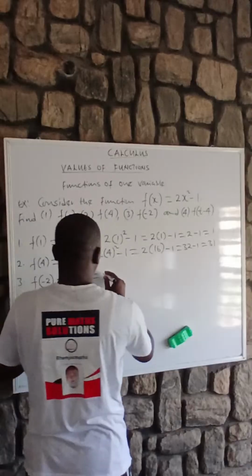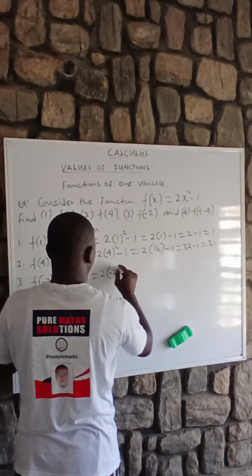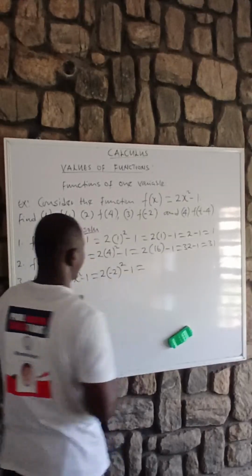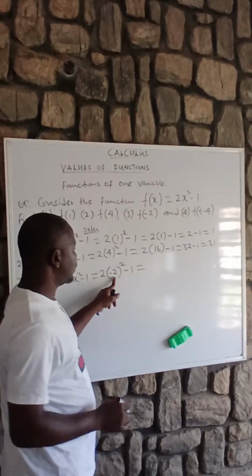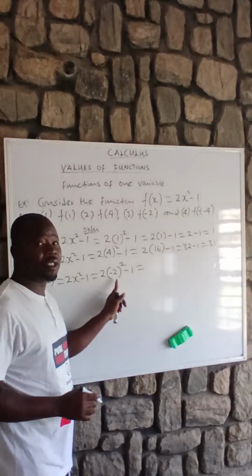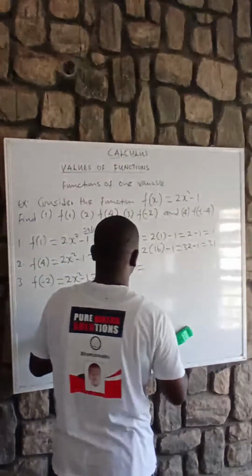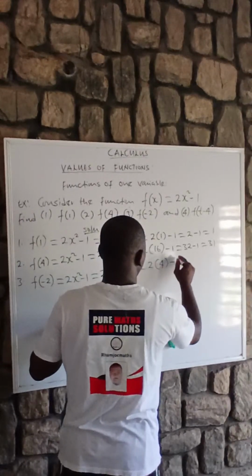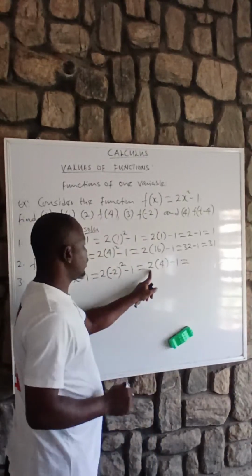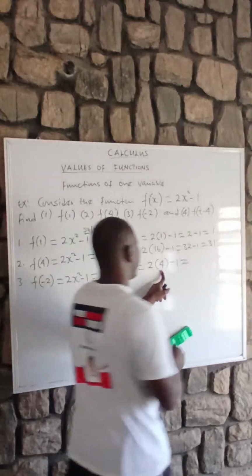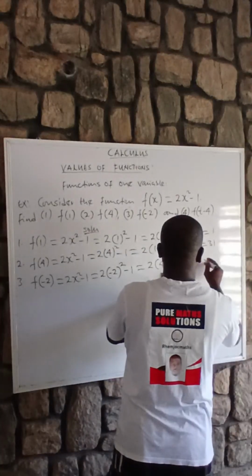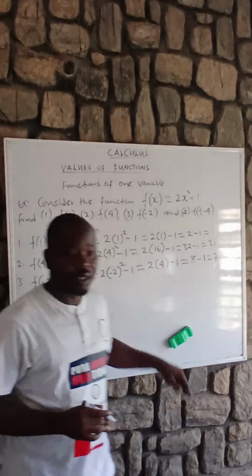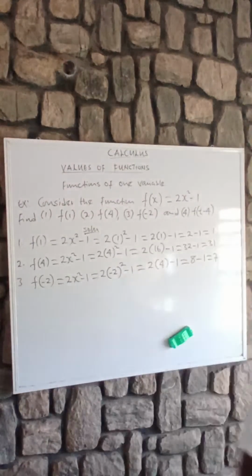Minus 2. 2 open bracket minus 2 raised to the power 2 minus 1. Minus 2 raised to the power 2 means minus 2 times minus 2, minus times minus is plus, so 2 open bracket 4 minus 1, equal to 2 times 4, we have 8 minus 1, which is equal to 7. Are you following? Any question? Hope you are following. Good.